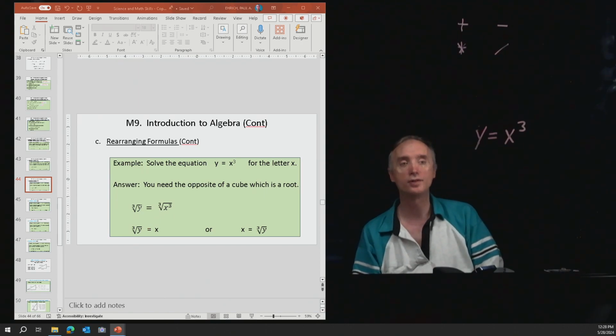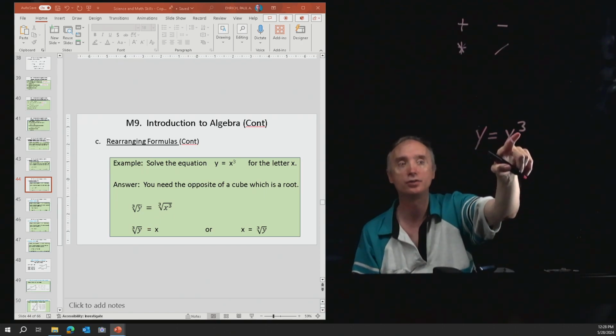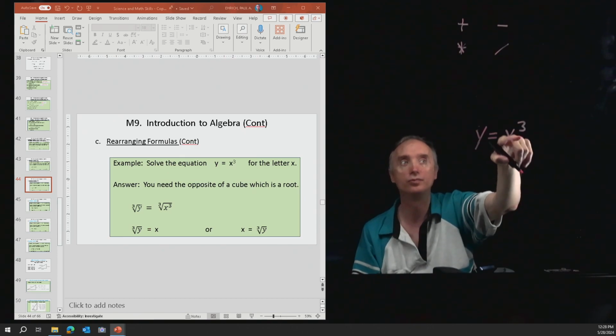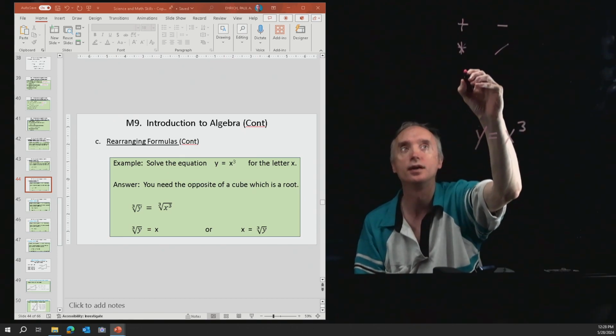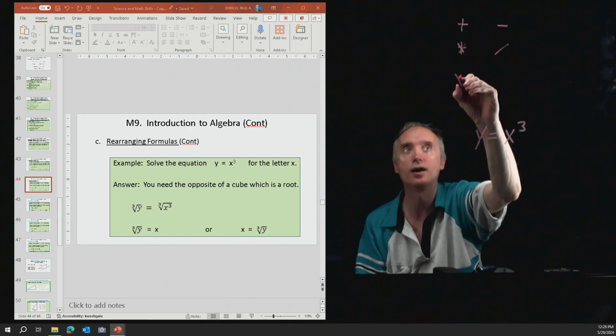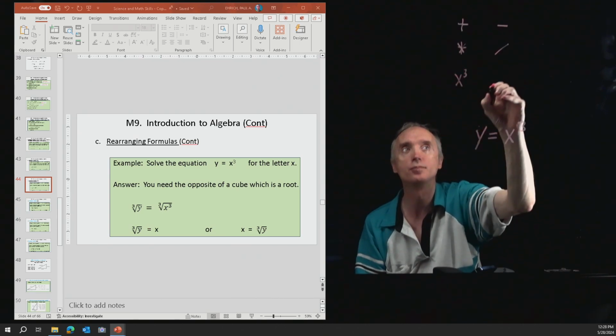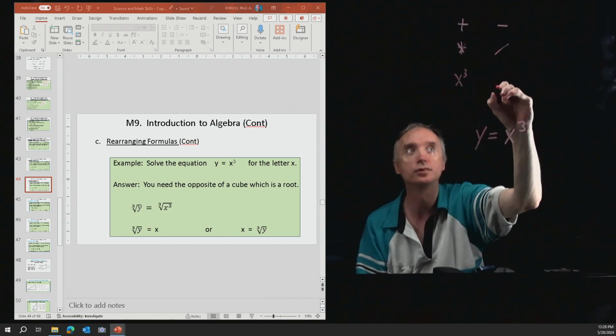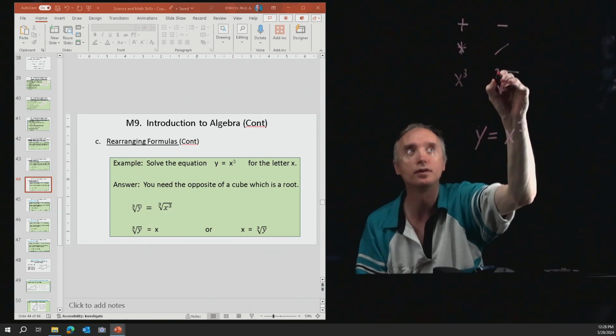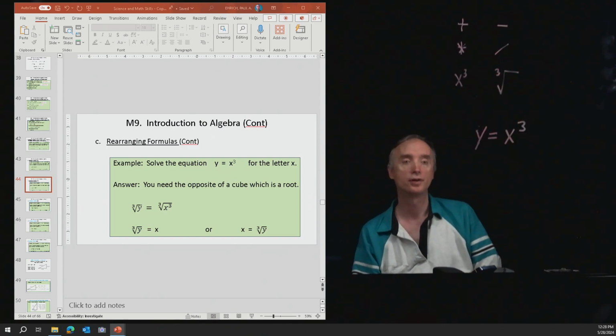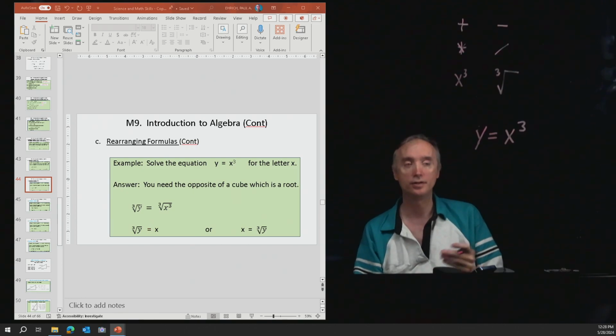And we need to know what's the opposite of a cube. So whenever you've got something and it's raised to a power, then the opposite is going to be a root. And in this case, it would be the cubic root. The opposite of a power is going to be a root.